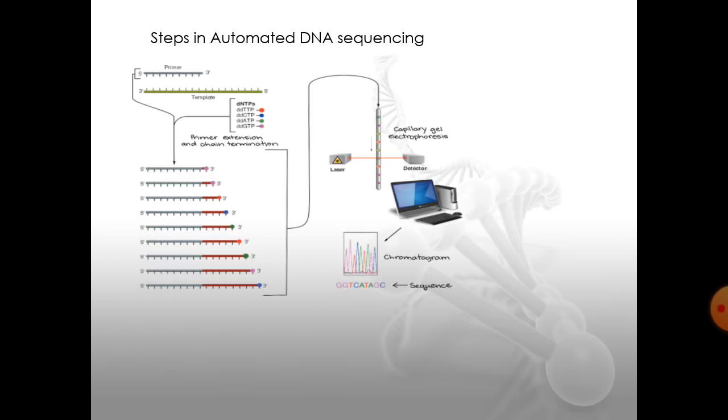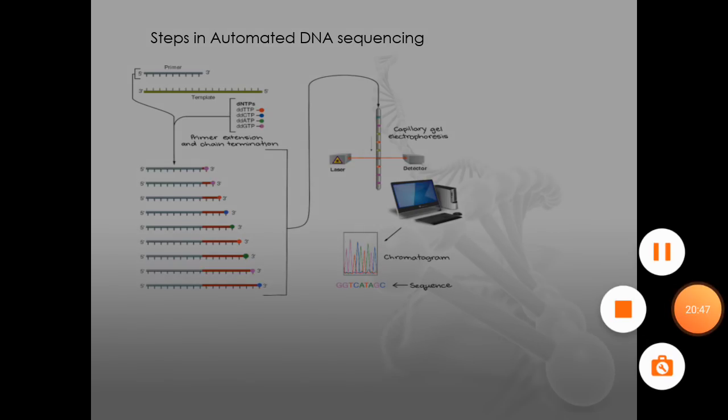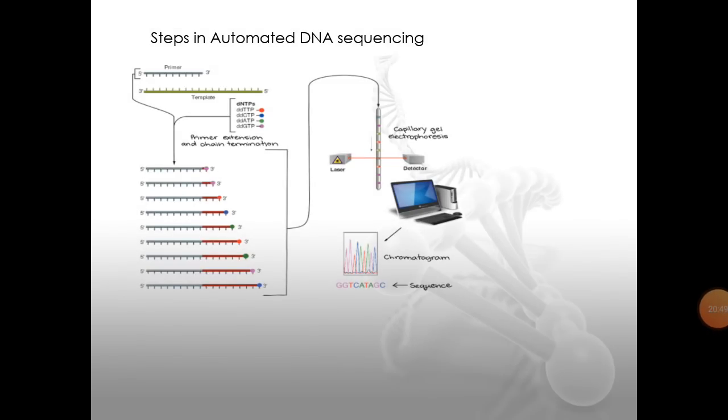So the 4 dye-labeled chain terminating dideoxynucleotides, that is ddNTPs, are also added here, but here it is taken in a much smaller amount than the ordinary nucleotides. So the mixture is first heated to denature the template DNA. Then it is cooled so that the primer can bind to the single stranded template.